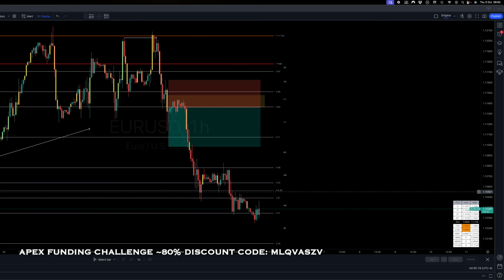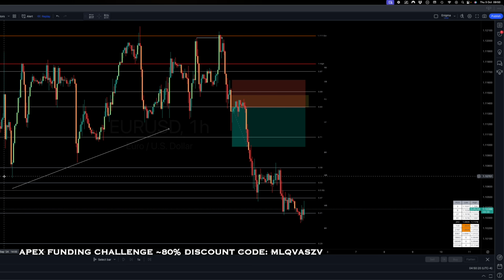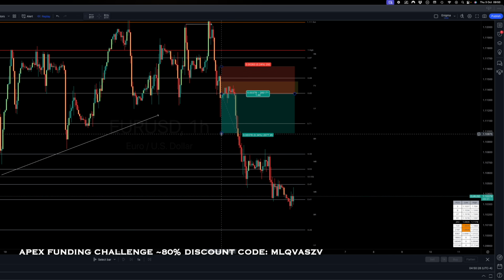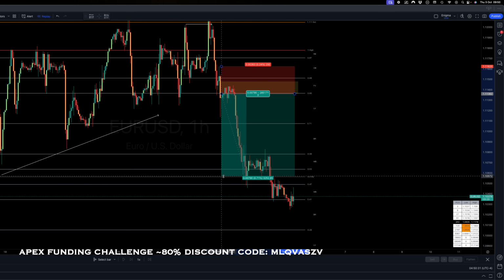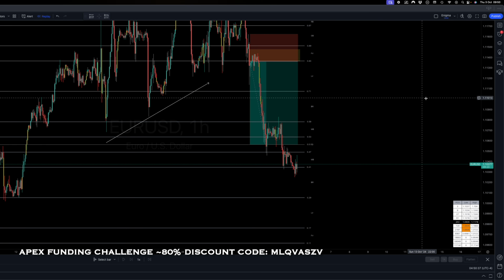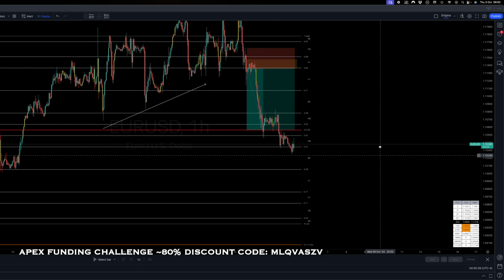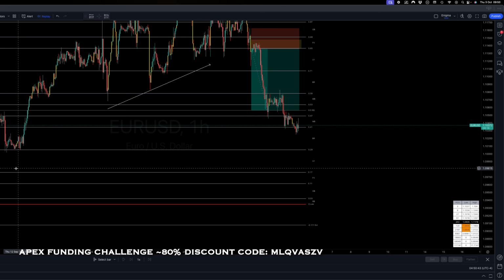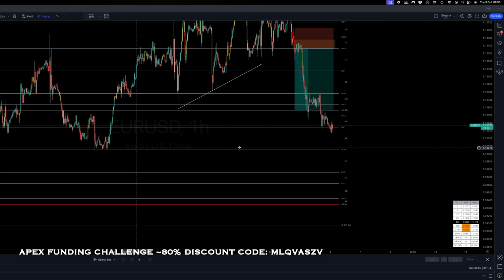Okay, and where would you take off your partials? Your first partial would be taken off at equilibrium. You have all this trend line liquidity at equilibrium. So that's your first point in a discount. This would have given you a 3-hour trade. Now, for your runner, okay, you have the opposing breaker, where liquidity has obviously been created at the Goldbach level.